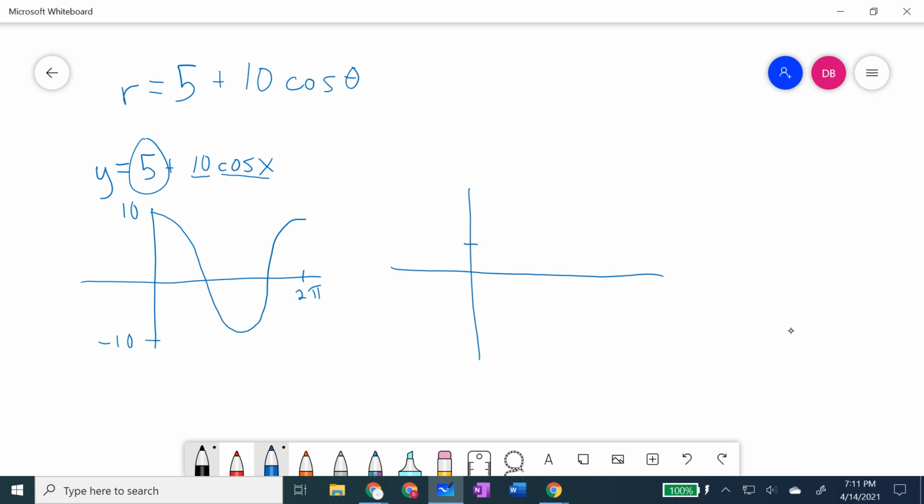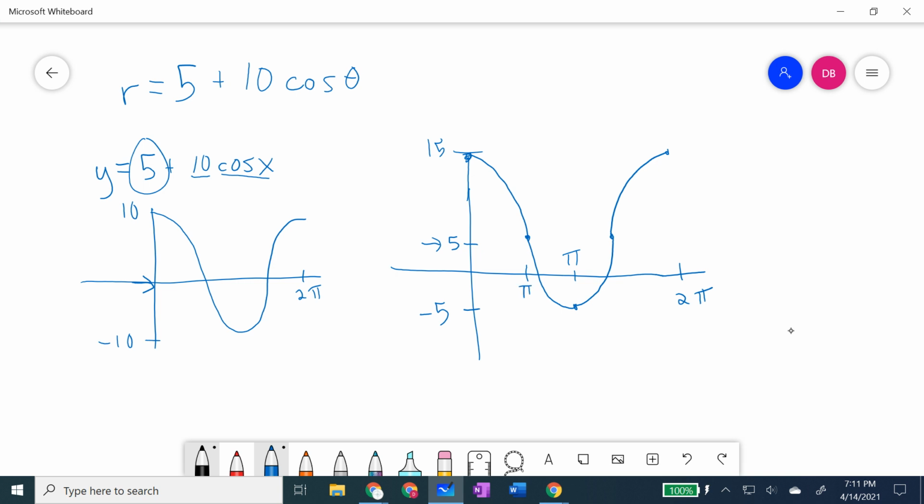By moving it up 5 units, the sinusoidal axis of the center is now 5, and then we go all the way up to 15 and down to -5. And then we draw our cosine graph. And we know that that's 2 pi. This gives us points that we can literally plot.